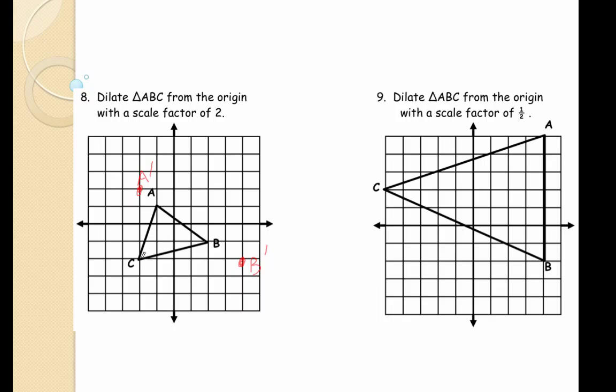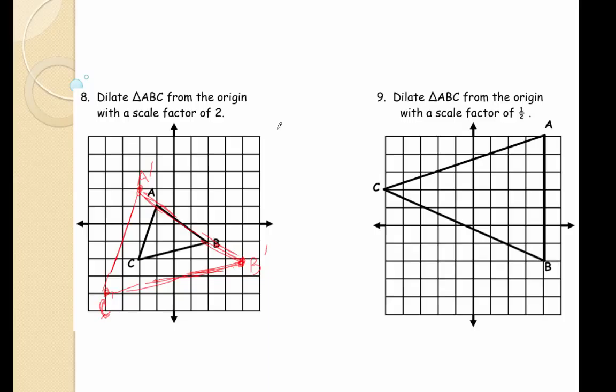C is -2, -2, so it's -4, -4. Everything gets multiplied by 2. So there's my new one.